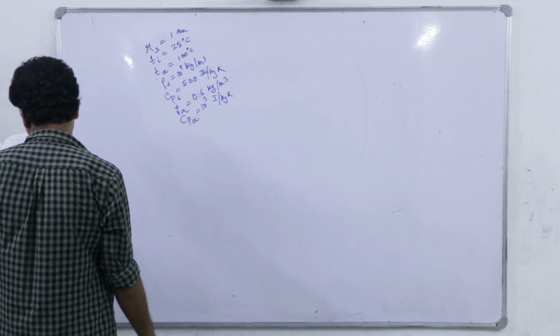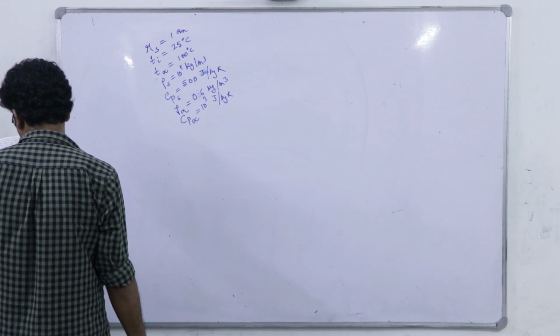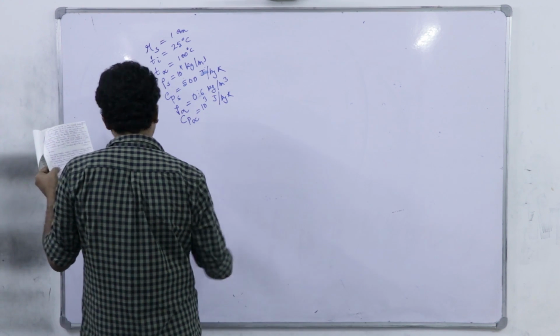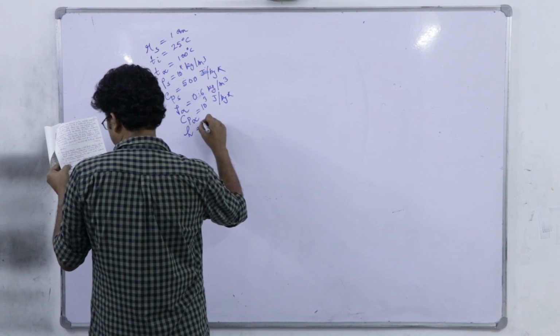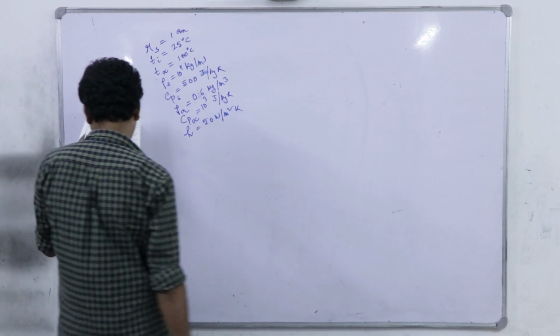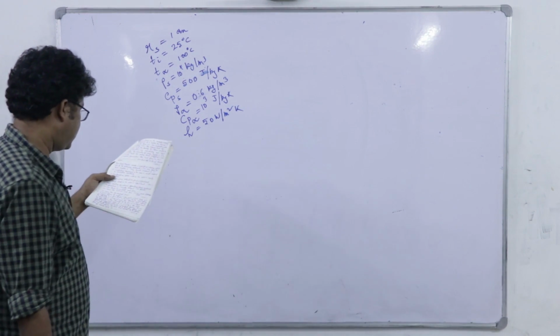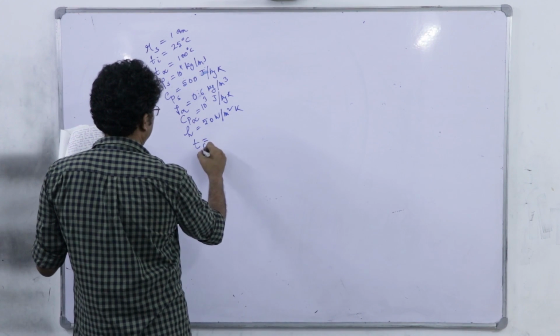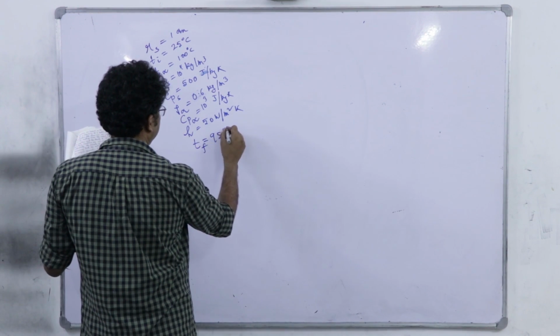The solid sphere is approximated as a lumped system and specific heats are constant. H between the sphere and the gas is 50 watt per meter square Kelvin. Then the time needed for the sphere to reach 95 degrees, so Tf is 95 degrees.